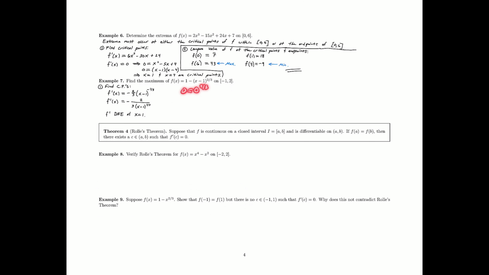That's just 0. So f of 1 is just 1 minus 0, which is 1. So that's perfectly fine here. But also, is this x equals 1 in the domain that we're given? We're only supposed to consider x values between -1 and 2. Well, x equals 1 definitely lives here, so we have found one critical point so far.